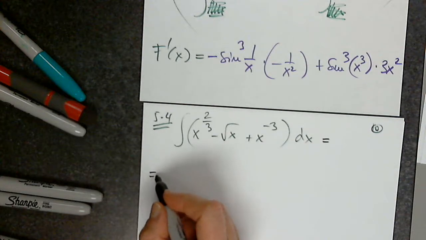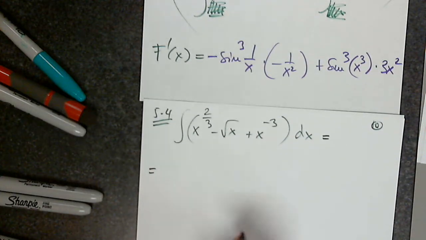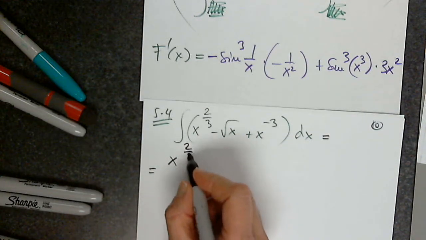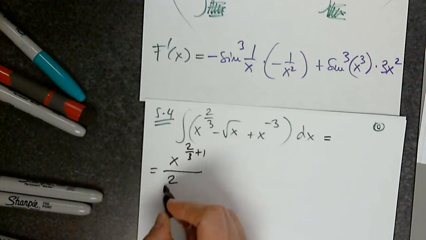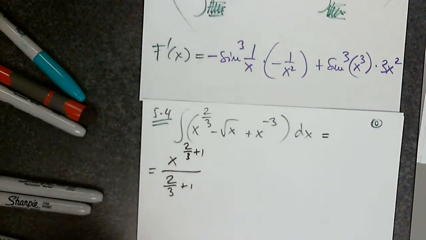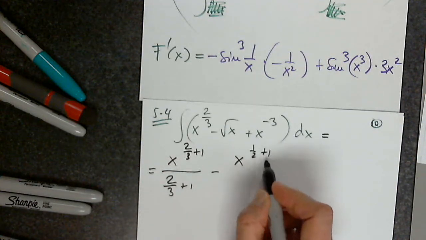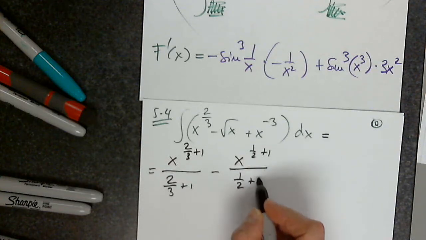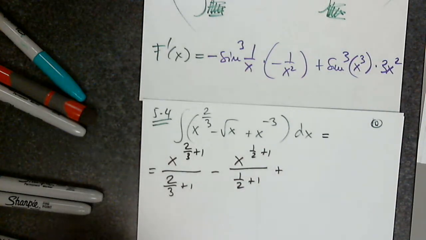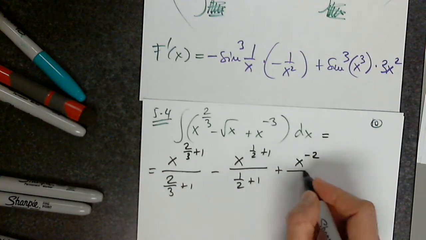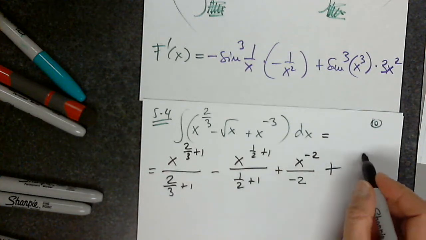Which function has derivative x to 2/3? Well, it's x to 2/3 plus 1 over 2/3 plus 1. The square root of x is x to 1/2. So minus x to 1/2 plus 1 over 1/2 plus 1, plus x to -3, x to -2 over -2, plus a constant c.